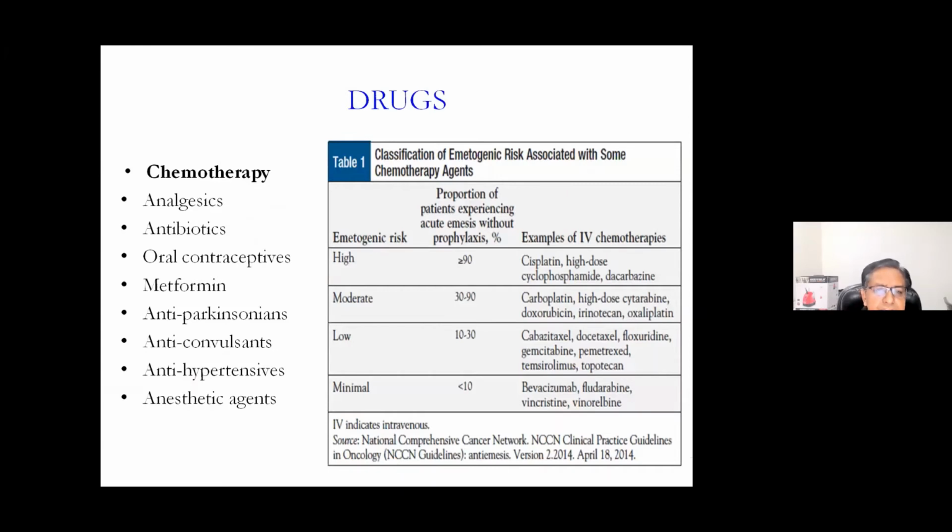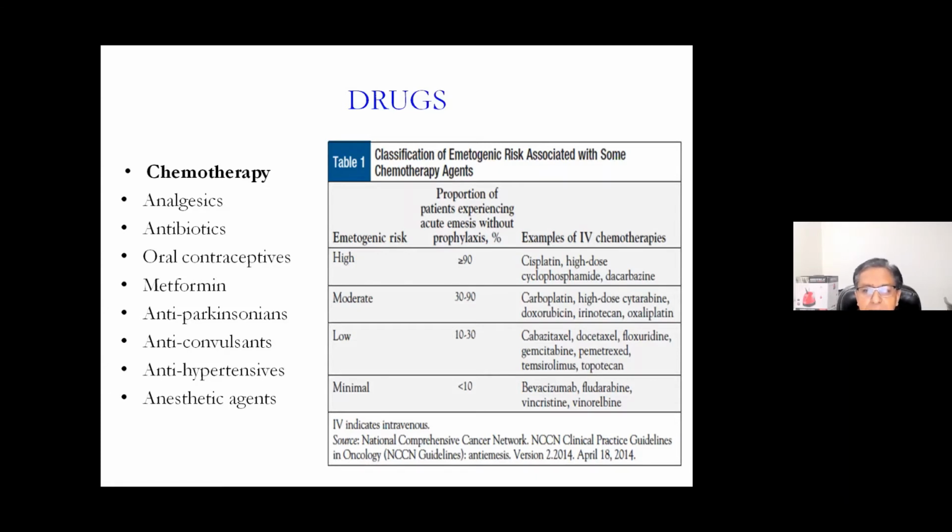Various drugs are responsible for causing nausea and vomiting; it is not only chemotherapy in patients with chronic disease requiring palliative care, but it could also be analgesics, antibiotics, or other drugs administered for associated comorbidities like metformin, antiparkinsonians, anticonvulsants, and antihypertensives. Sometimes these patients may be undergoing palliative surgeries, so nausea and vomiting can also occur in the perioperative period.